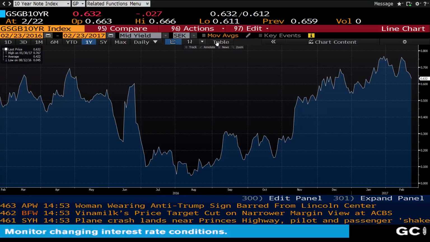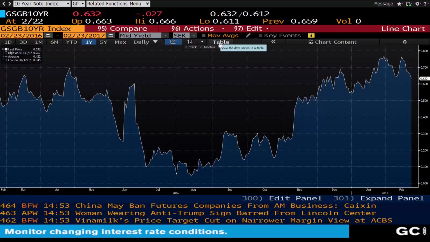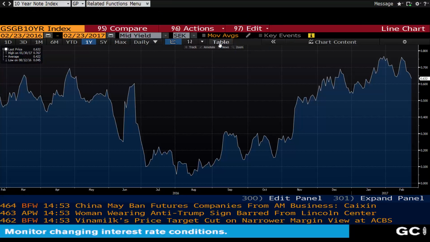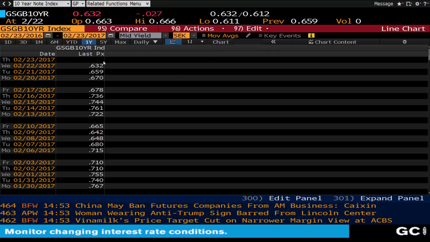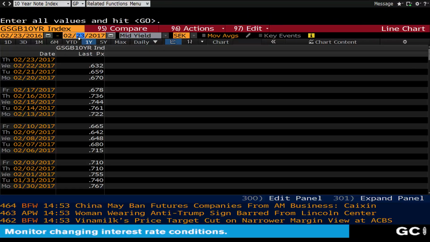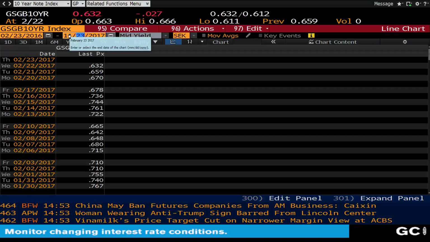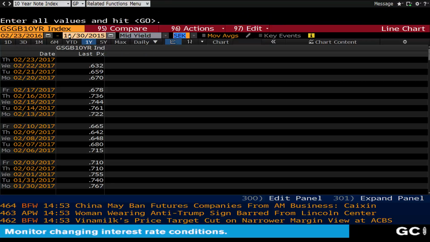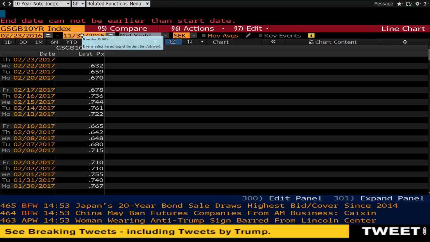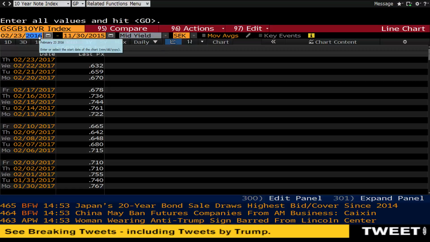If you look here, you can see that there's a tab called Table. If I click on Table, I can see slightly more detailed table results for the government bond and how it's developed over time. These are all daily rates. Again, I want to get the information back from 11/30/2015. The end date can't be earlier than the start date, so I have a problem here.